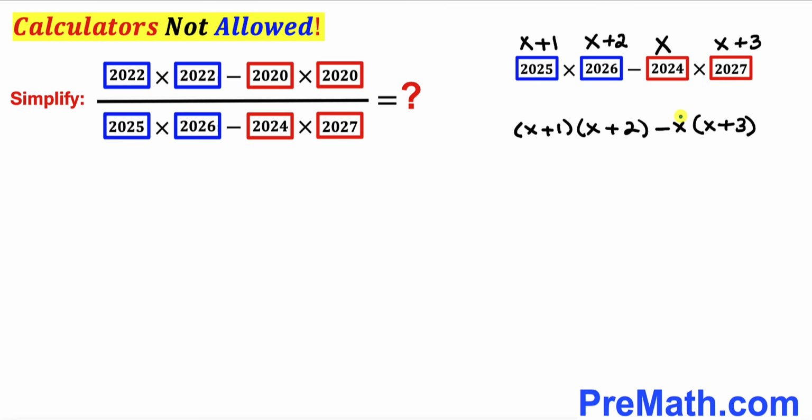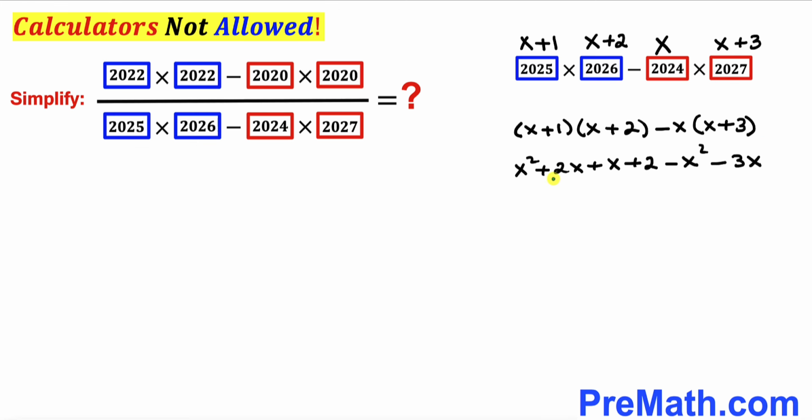And likewise, I'm going to distribute x all over. So let's multiply these first two factors. That's going to give us x squared plus 2x plus 1x and then plus 2. And now we are going to distribute. That's going to give us negative x squared minus 3x.